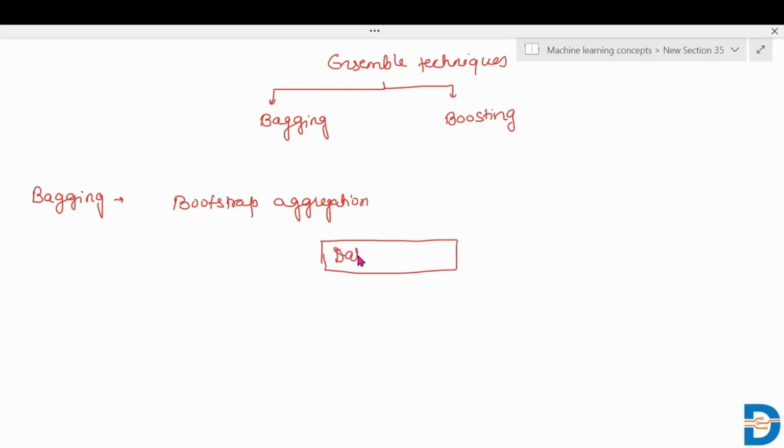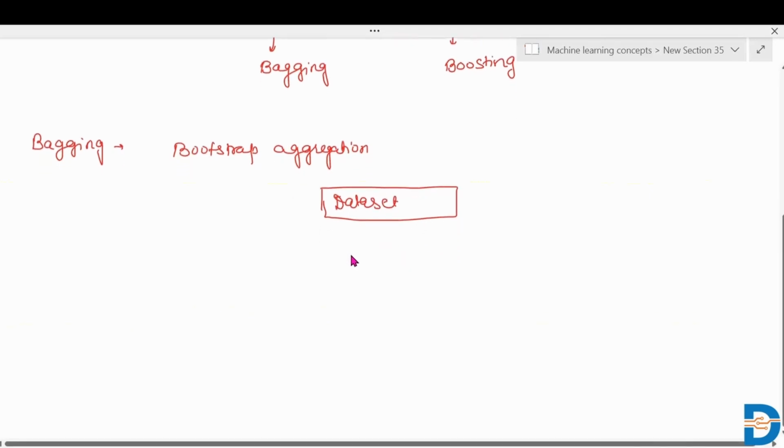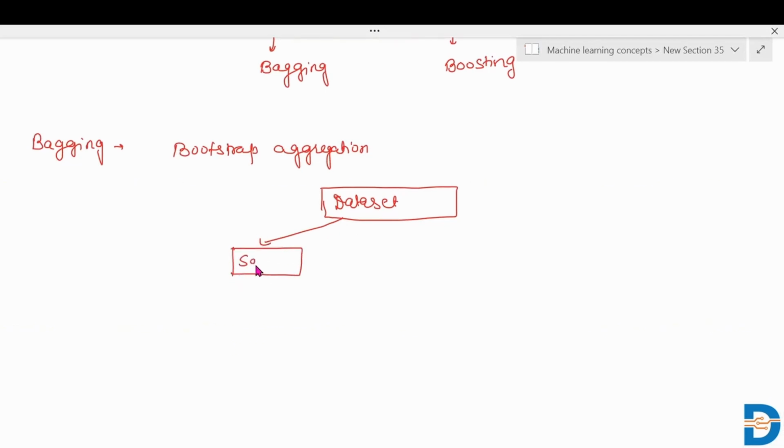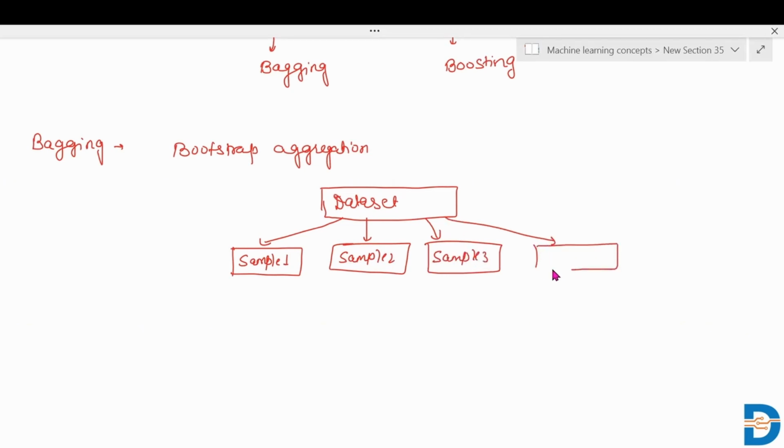What we actually do in bagging is we divide the data set into some sample data sets. Let's say we have sample 1, sample 2 and then sample 3. Like that we will divide the data set into n number of samples.